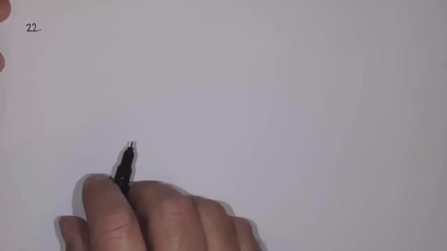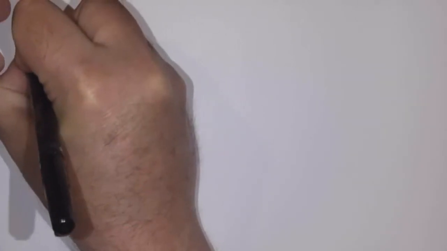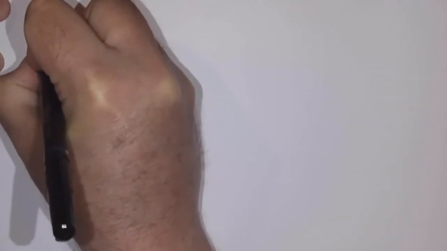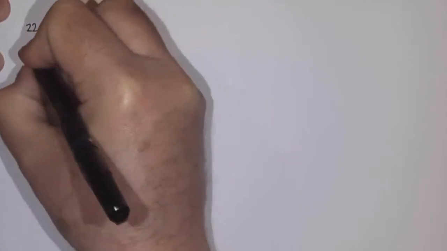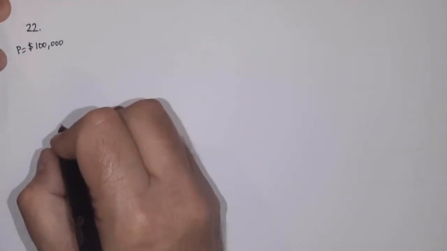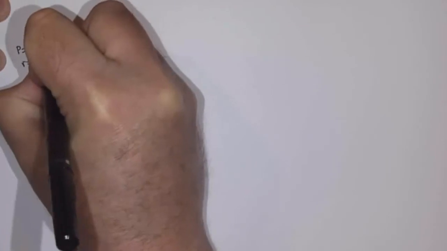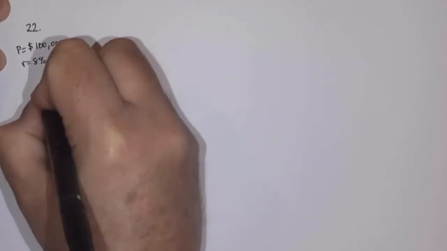So we were told that we are making a $100,000 mortgage. So that is going to be the principal. We know that the interest rate is 8%. So R equals 8%, which is 0.08.